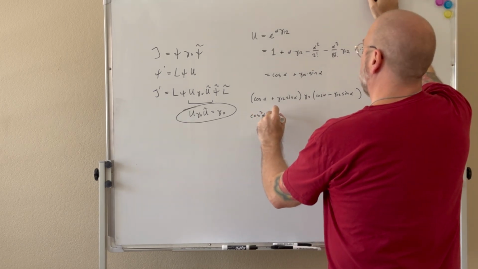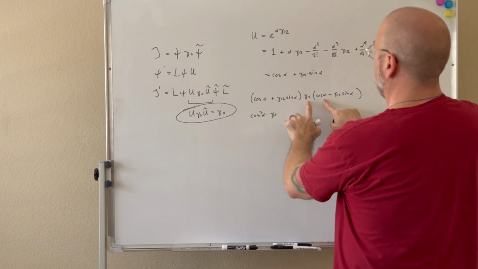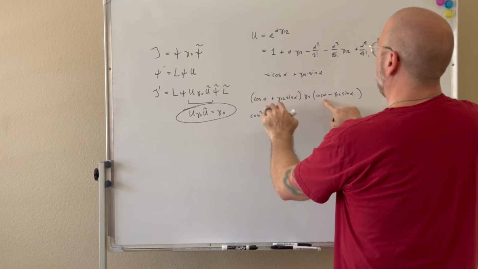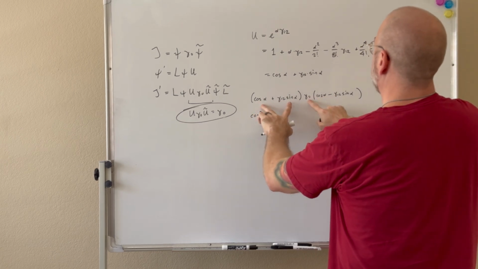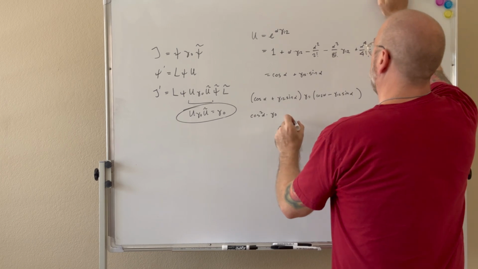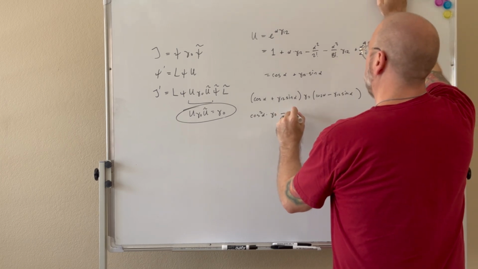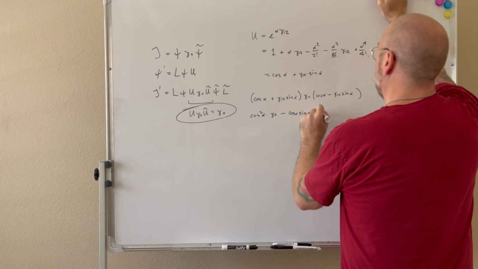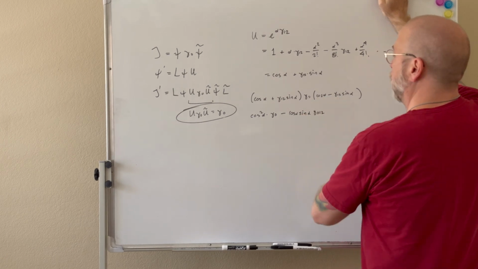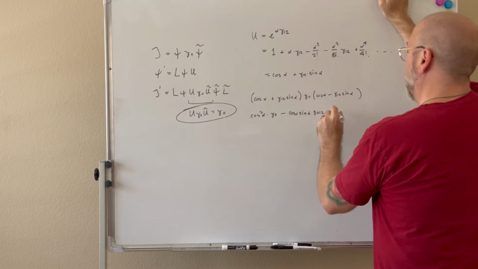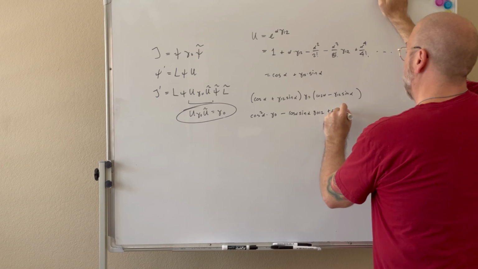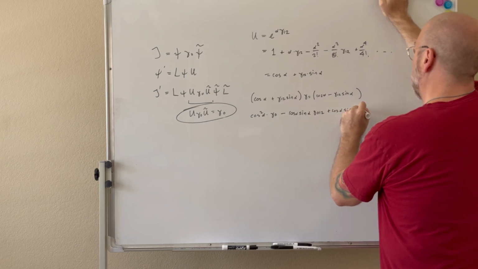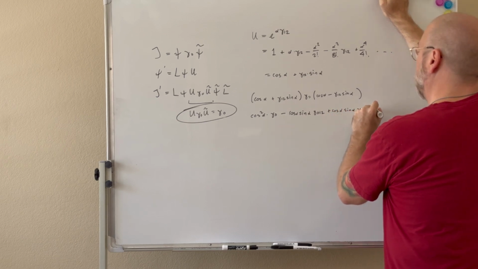Cosine squared alpha times gamma 0. This times that times that. This times this times this. Right? Minus cosine alpha sine alpha gamma 0, 1, 2. We get 1, 2, and 0 here. Plus cosine alpha sine alpha gamma 1, 2 dot gamma 0.